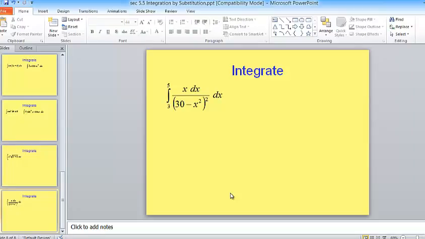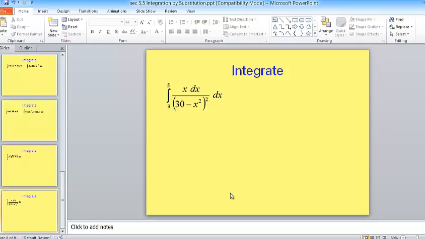Well, maybe we'll set it up and we'll start class with it next time, just with a setup. Here we go. Because I don't think I'm going to finish that entire integral. Of course, the nice thing about a definite integral, I could do it on my calculator and get an approximate answer. 30 minus x squared squared dx.